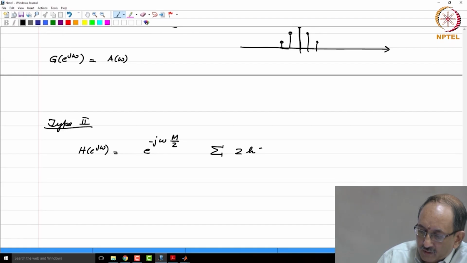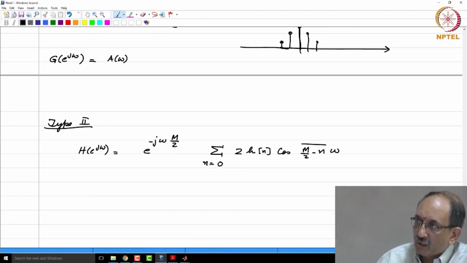You will find that the expression is again 2 times H of n cos m by 2 minus n omega. The summation goes from 0, before it went to m by 2 minus 1. Remember, m was even in that previous case. Now m is odd, therefore the upper limit goes to m minus 1 by 2.